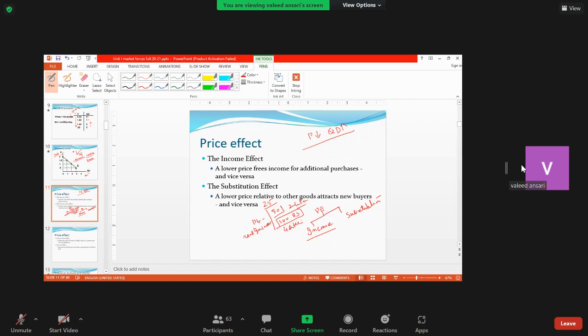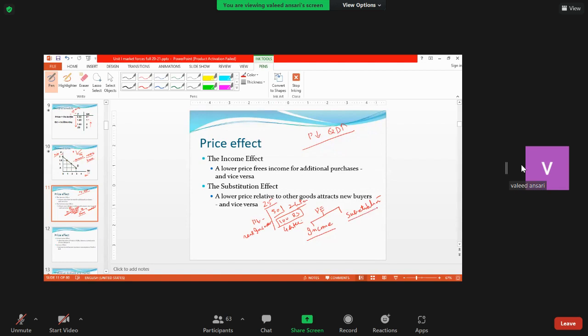So although the nominal income has not increased, because of the fall in price, additional purchases can be made. And that is why the demand for any product increases in response to the decline in price, or when prices come down. This is one effect which operates.